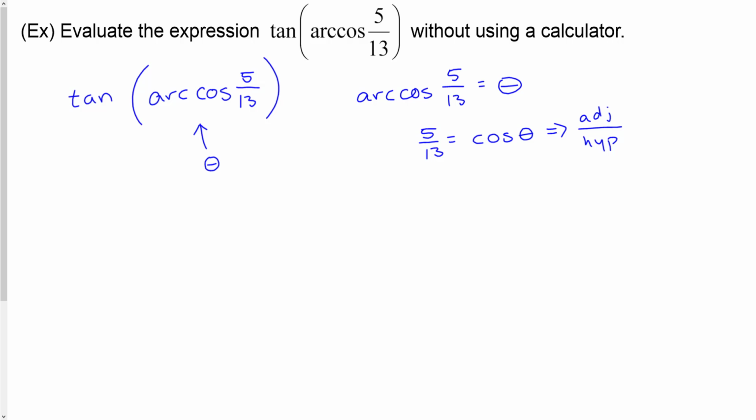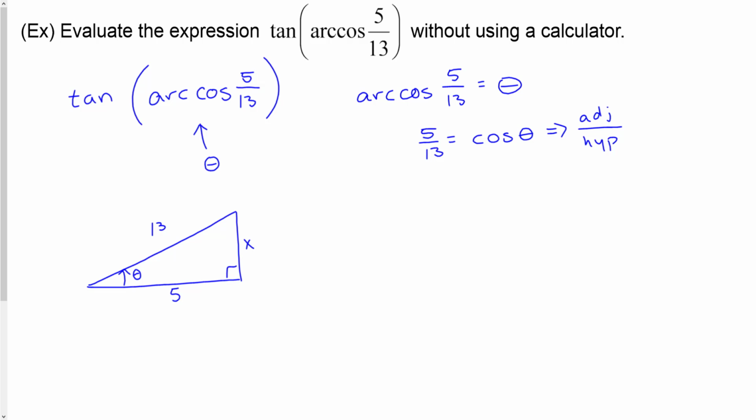So just remember, SOH CAH TOA. So cosine is adjacent over hypotenuse. So I'm just going to draw a right triangle to get me started. And I'm going to call this theta. And what I know about that angle measure theta is that the cosine is 5/13, which is the adjacent side over the hypotenuse.